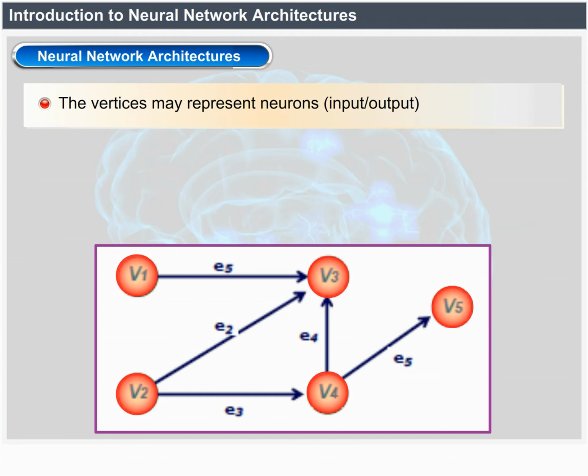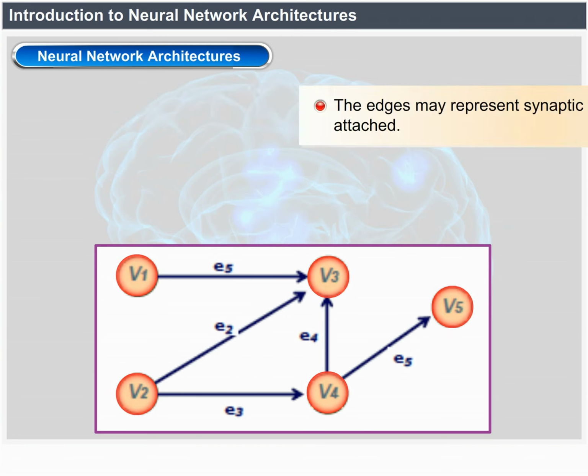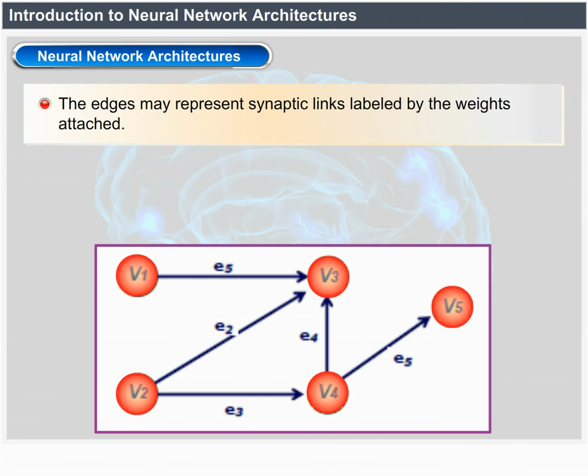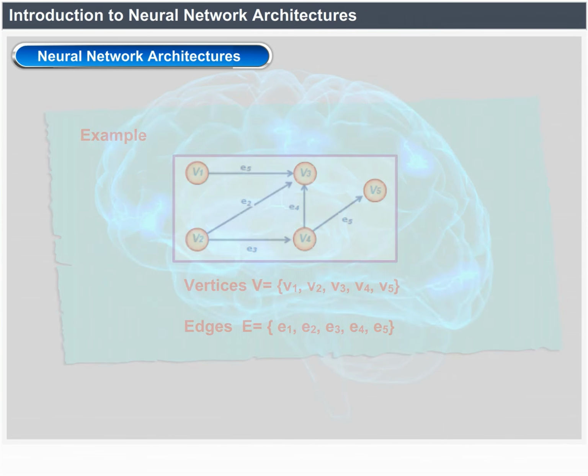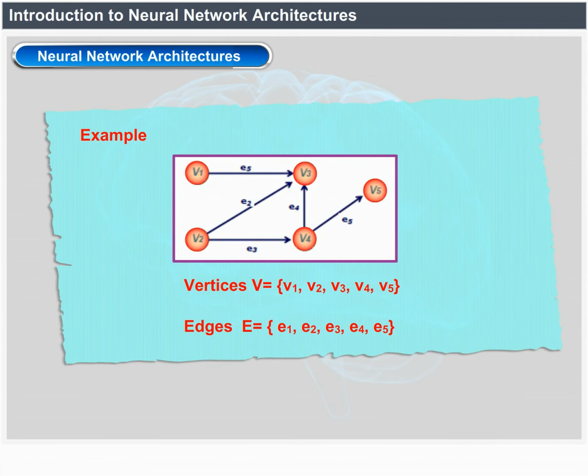The vertices may represent neuron input-output. The edges may represent synaptic links labeled by the weight attached. Example: the example is shown in the below picture. Vertex set V equals V1, V2, V3, V4, V5. Edge set E equals E1, E2, E3, E4, E5.